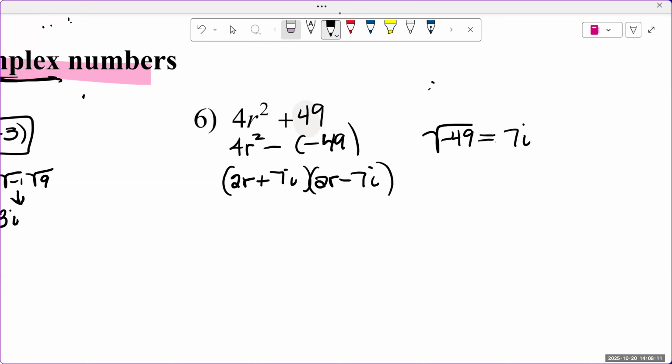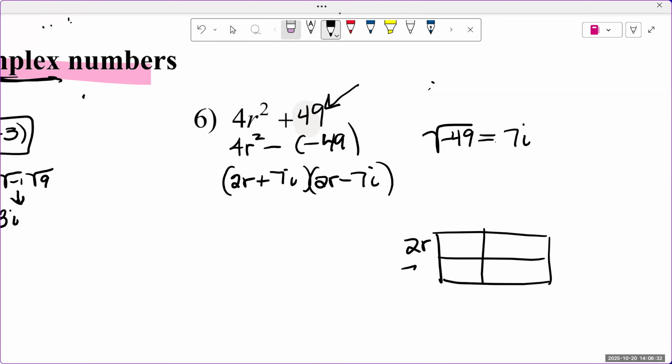Notice these are the complex conjugates, because there's a pair of them and the way they work, when you multiply it out you would get back to the original expression with no i's. Let's see how that looks. 2r plus 7i, 2r minus 7i, which is 4r squared, negative 14ri, positive 14ri, and negative 49i squared.